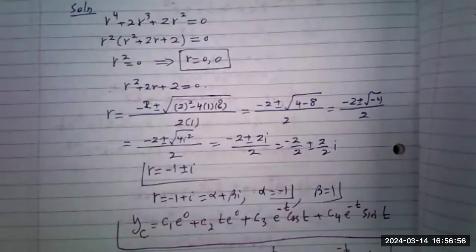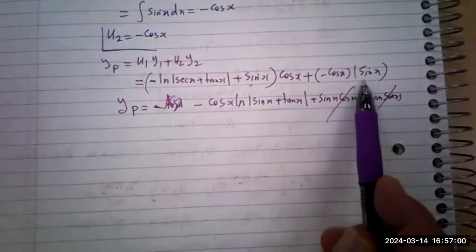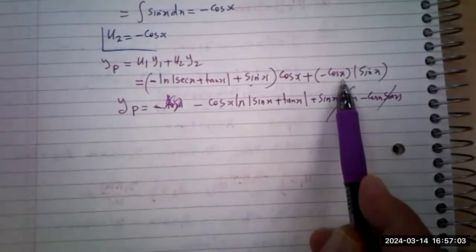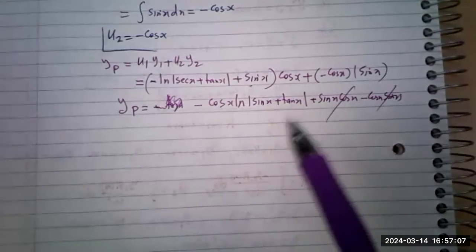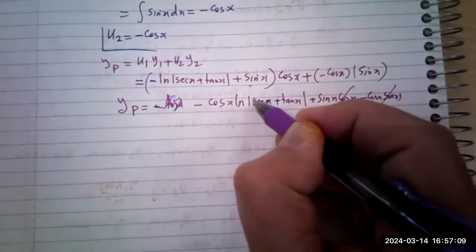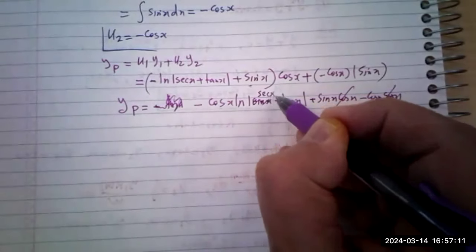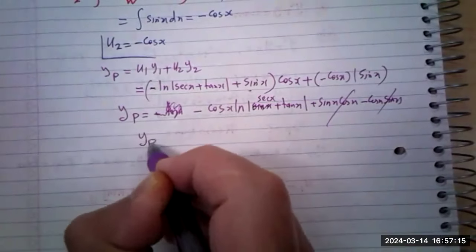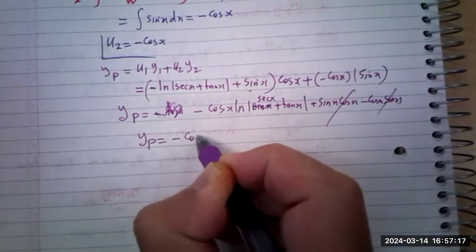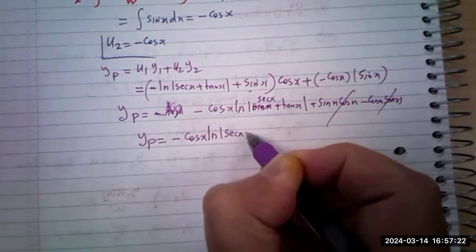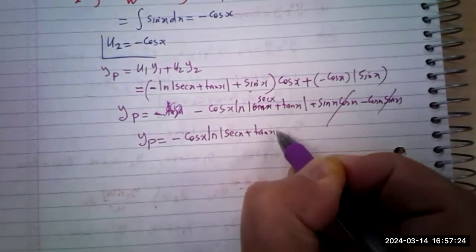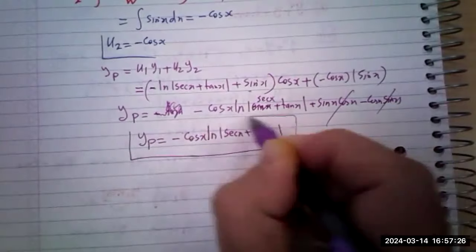If you go back, Y1 is cosine. Inside the absolute value, oh, this one. All right, thank you. Secant, yes. So eventually YP is negative cosine x ln of the absolute value of secant x plus tangent x. That is the YP.